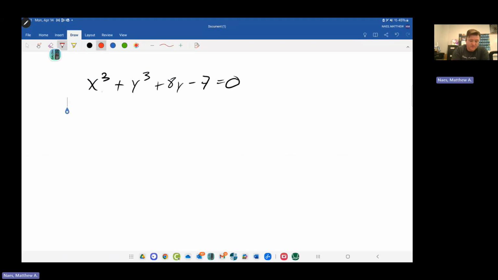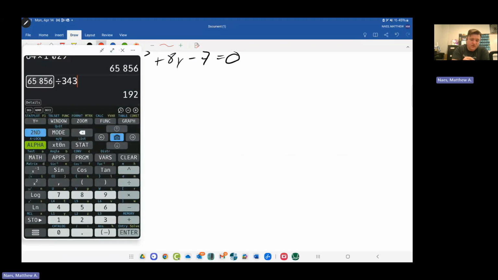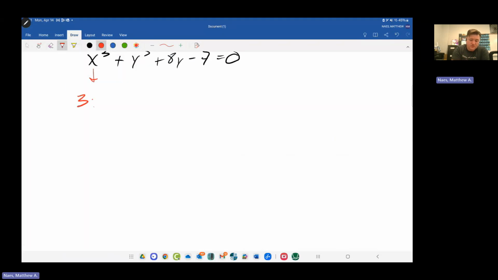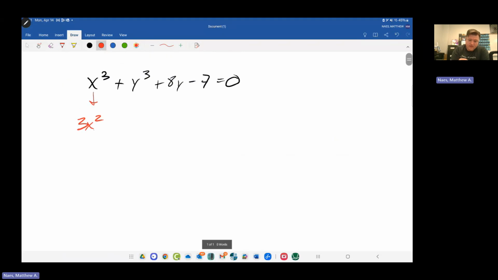Take the derivative of x cubed, easy enough, that is 3x squared. Take the derivative of y cubed. Because this is y, that is going to be 3y squared times y prime. Another derivative of y, that's just going to be plus 8 times y prime.